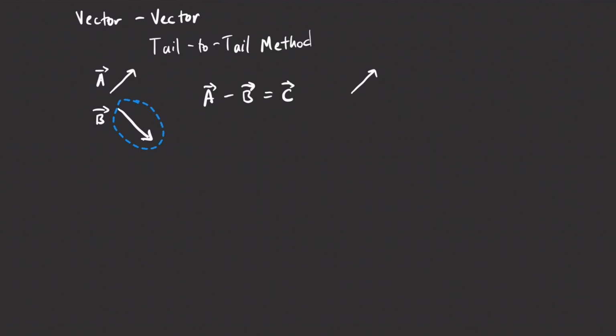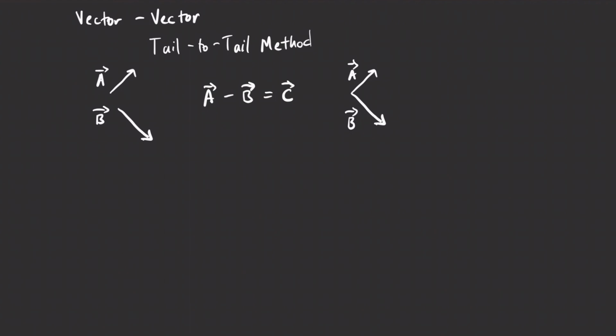We go ahead and take vector B, and we put the tails together. So unlike vector addition, where we would put the tail to the tip, in vector subtraction, we put the tails together. I'll just get that more centered up. Okay. So I'll go ahead and label this vector A. And go ahead and label this vector B.